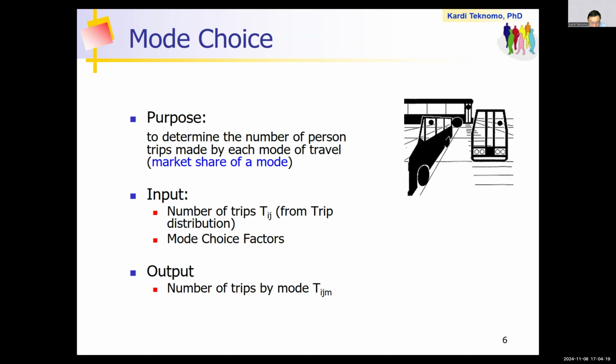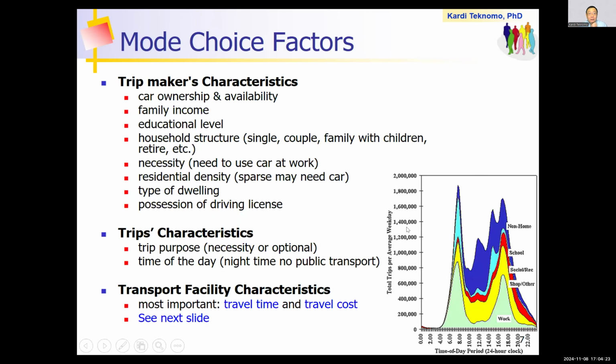Now, these are the factors that you can use for mode choice. One is trip maker characteristics. The other is the characteristics of the trip itself, and also the transport facility.